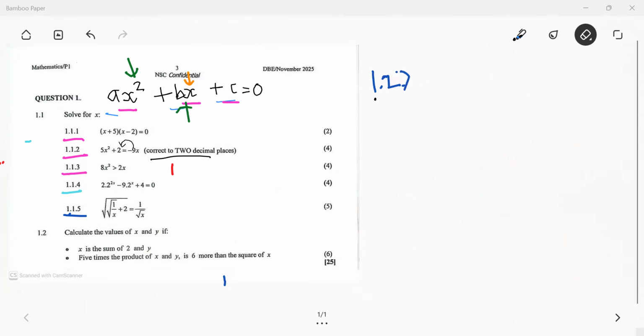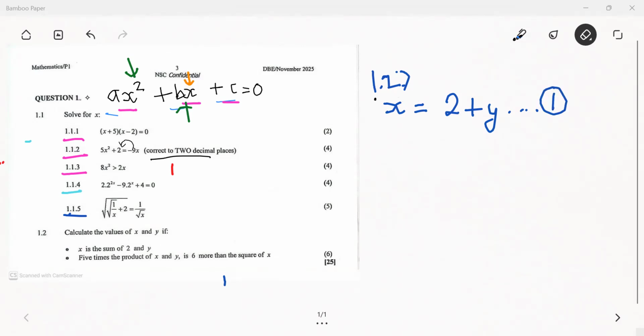It says if x is a sum of 2 and y, sum means add. In English we say x is, in math, x is means x equals, and the sum means plus. The sum of what? 2 and y. So x is equal to 2 plus y. That's your first equation. Great, this one wasn't so bad.